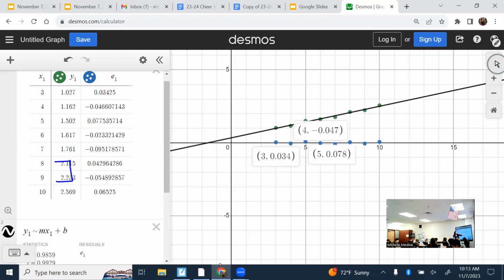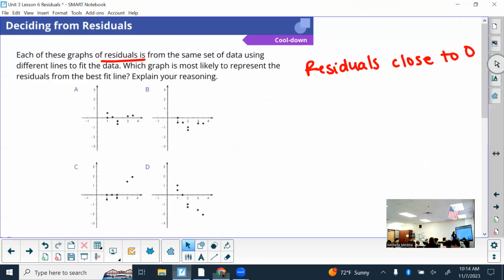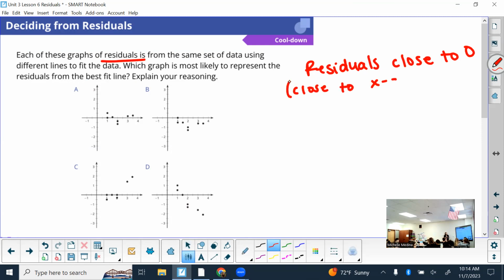So yeah, here's all my residuals. And of course, the closer that they are to zero, the better. At the x-axis, all the y values are 0. So really, residuals close to 0, or in other words, close to the x-axis, when graphed, are best.